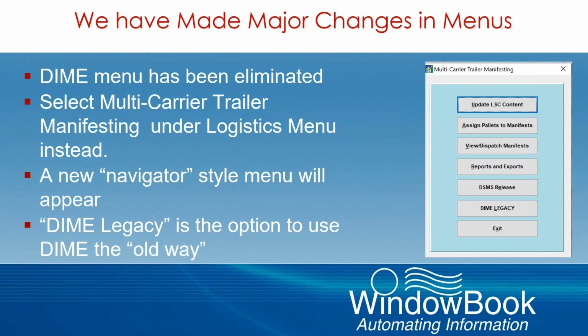So there's a lot of advantages to it. And of course, you also in the same user interface can create trailers for other carriers. So again, another big advantage. But there are some issues with the old DIME user interface. For example, sometimes we get error messages back from LSC that would indicate something has failed, and it did not fail.